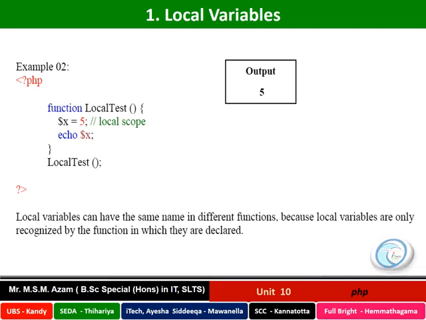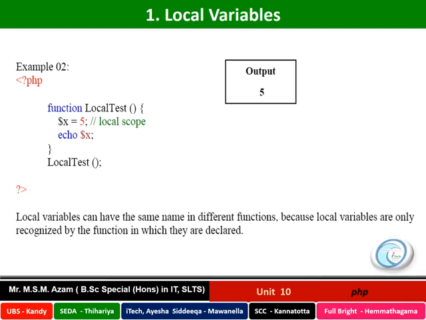Then the declaration part of the function is over, and I call that function localTest. When I call this function, it's going to print the value 5 as the output. The reason is that the variable x has a local scope and that variable's value is printed on screen using the echo method inside that function.